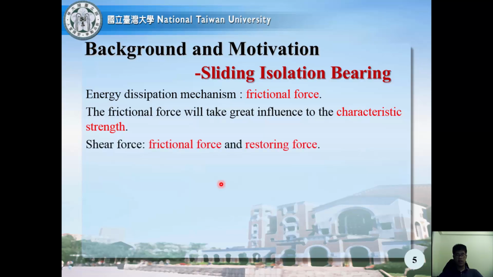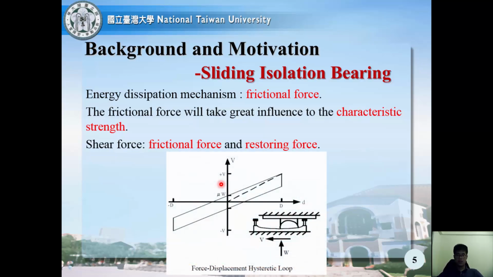If the sliding isolation bearing provides a restoring force, the shear force will be mainly provided by the frictional force and the restoring force. This is a schematic drawing of the hysteresis loop for the friction pendulum system. From this diagram, we may see that the shear force is mainly provided by the frictional force and a linear restoring force.